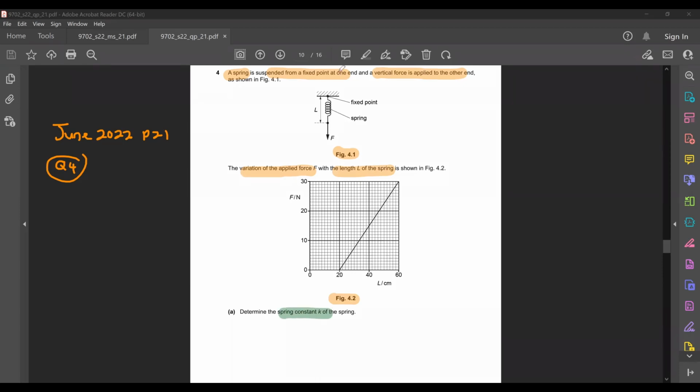Whenever we are dealing with spring constant, the first equation that will come to mind is Hooke's law, which is F equals Kx.